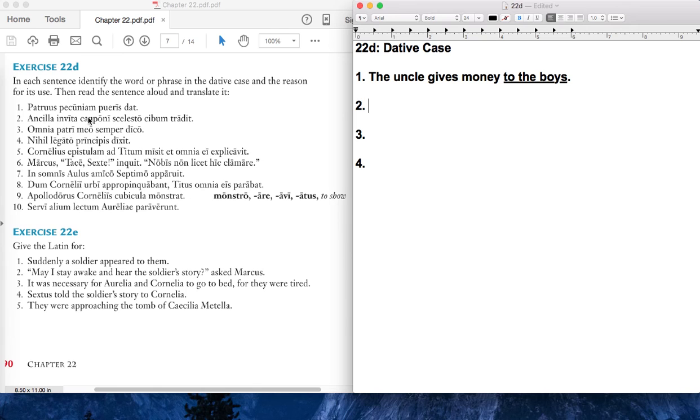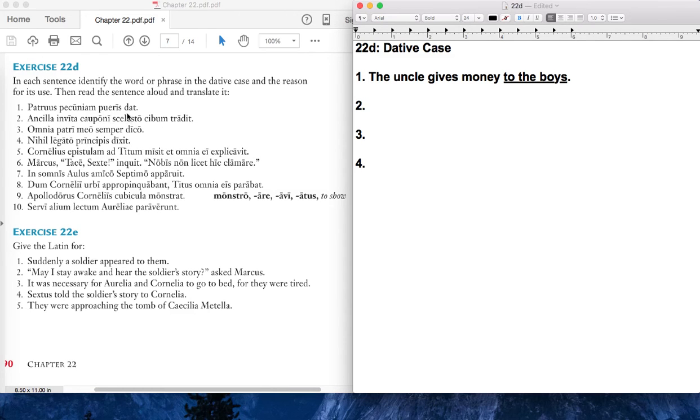Number 2, Ancilla invita, caupōnī scelestō cibum tradit. Ancilla is the slave woman, that's the nominative, that's the subject. Invita modifies ancilla, it means unwilling, but we might want to use it as unwillingly here, kind of turn the adjective into an adverb. Tradit is hands over. Caupōnī is the word for innkeeper.